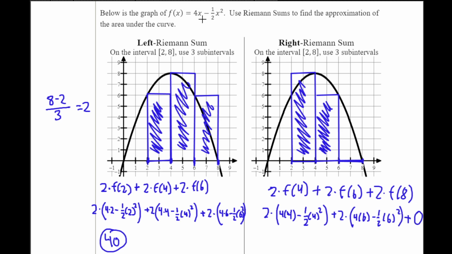If you plugged in the 8 into this equation, you're going to get a 0. And you can see clearly from the graph it's just a height of 0. So I'm going to leave that. But what you end up with is approximation with the right Riemann sum of 28.